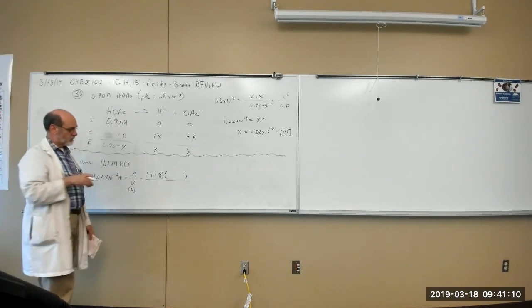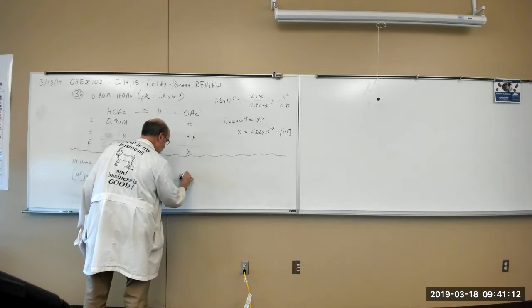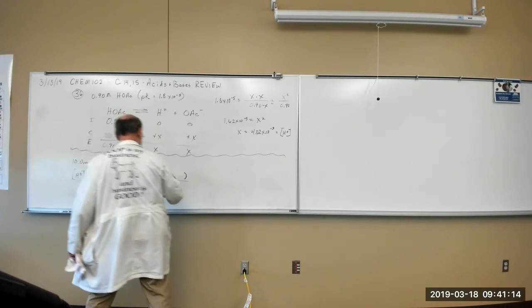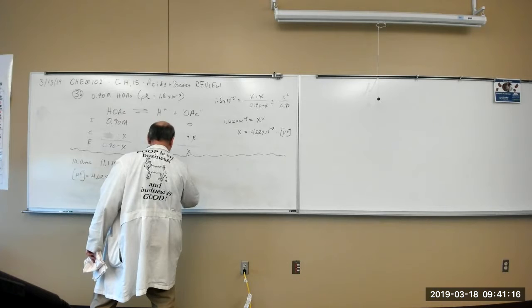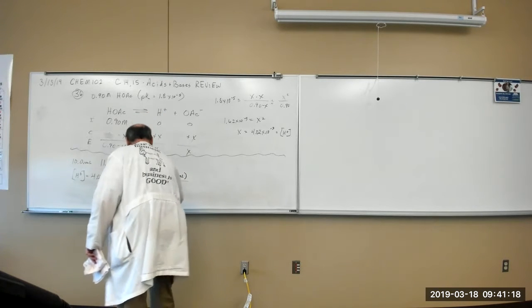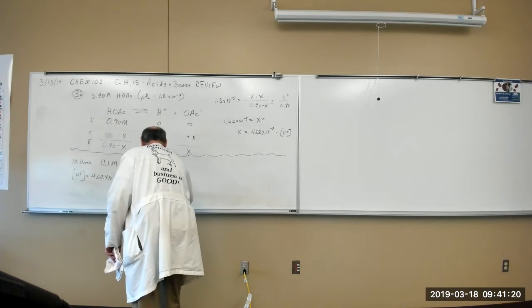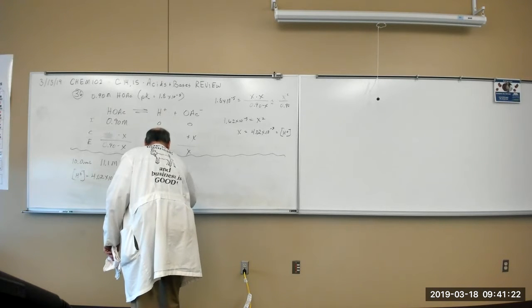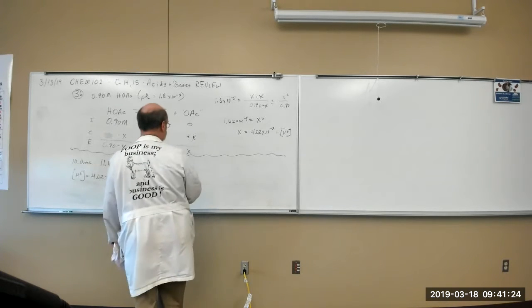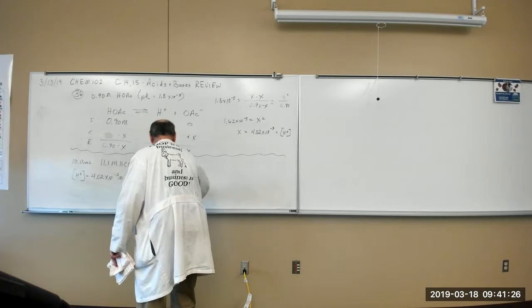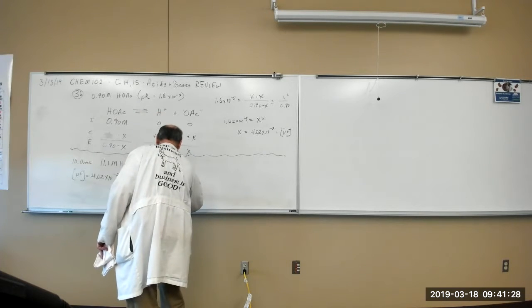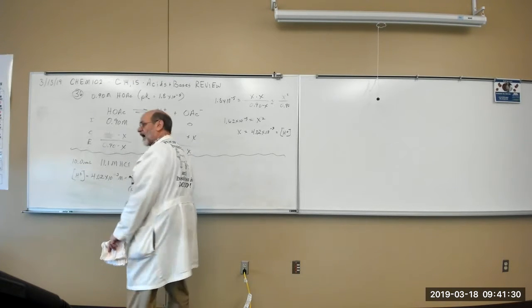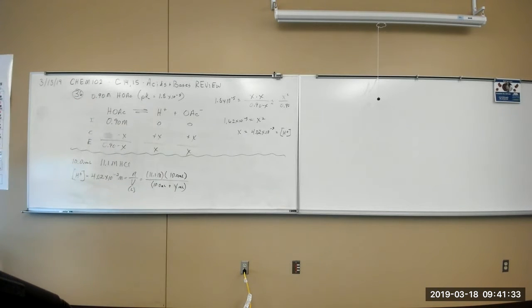They'll cancel. So we can say 10 milliliters, and on the bottom, we're going to have 10 milliliters plus, well, let's not use X, let's use Y. Y milliliters that we add. Okay?